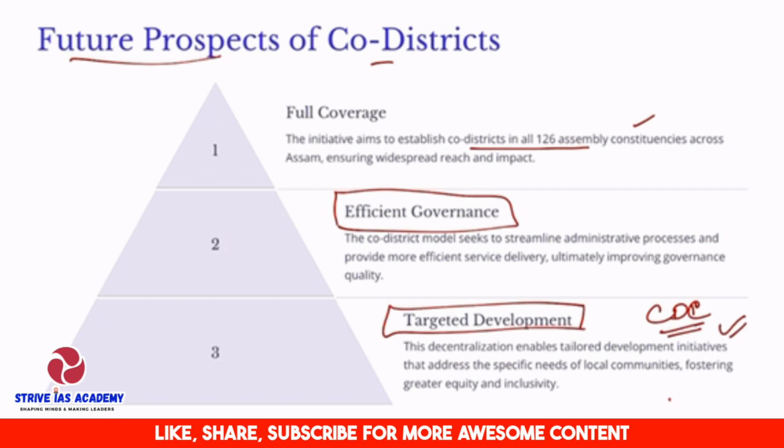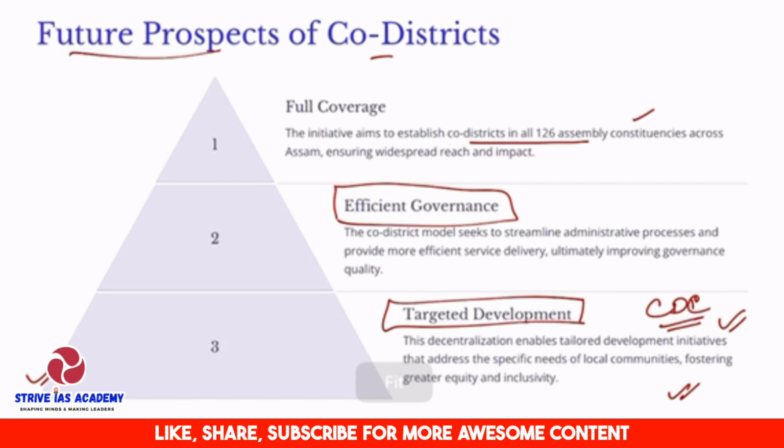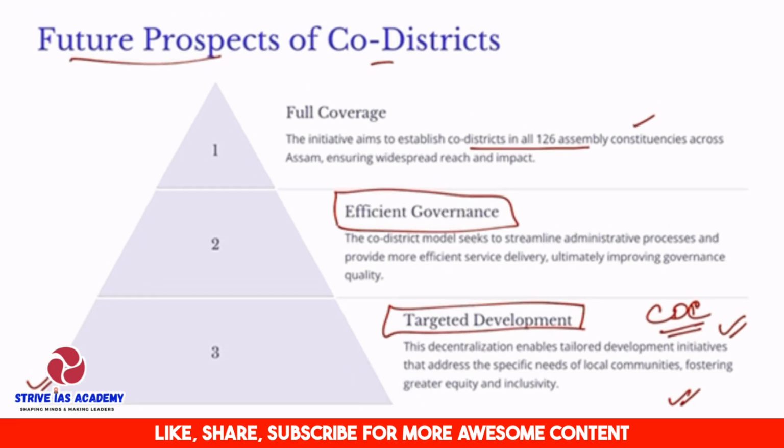So it will be targeting only those projects which are needed for the development of the local people only. Those people will be given the development priority. This will be a very good initiative with respect to this co-district model.